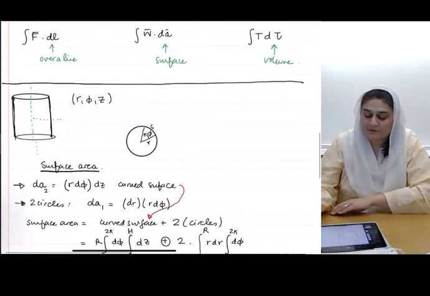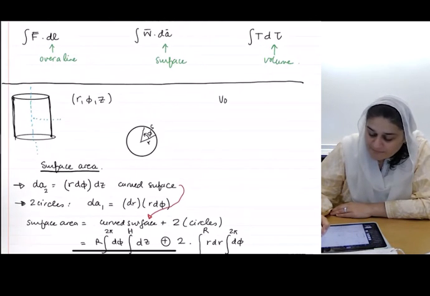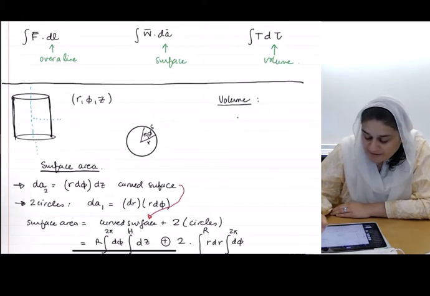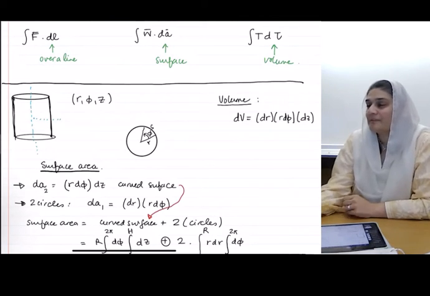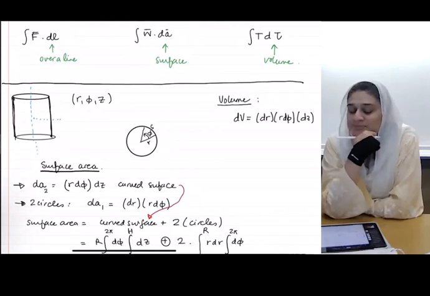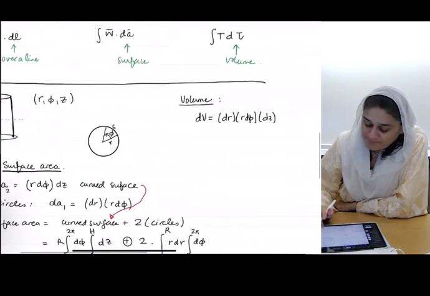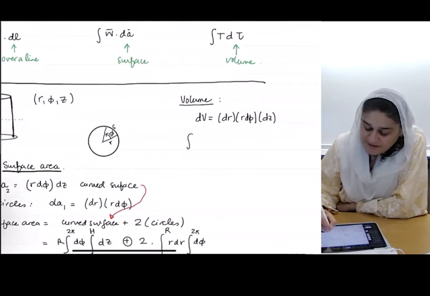If I was to ask you to find me the volume, what's the volume element going to look like? dV will be dr, r d phi, and dz. Anybody want to do the volume? What will it be? This is actually going to be really easy.